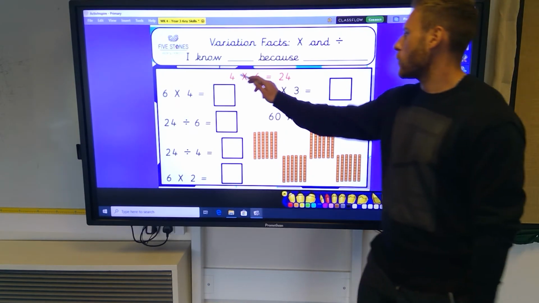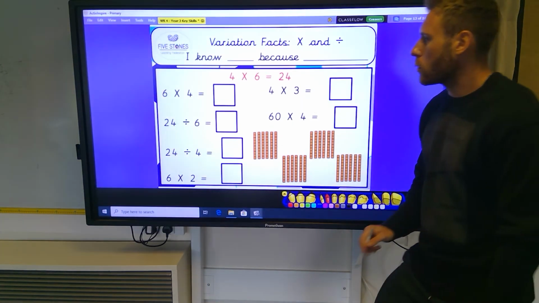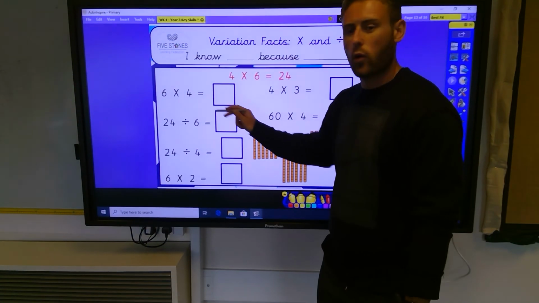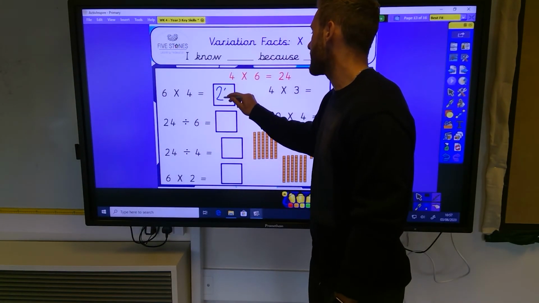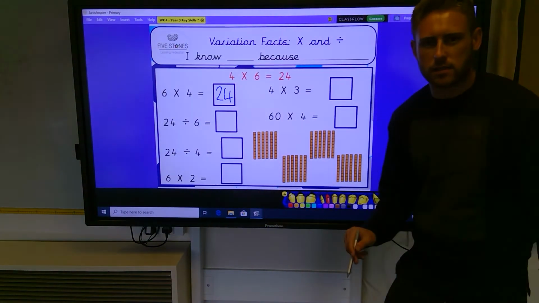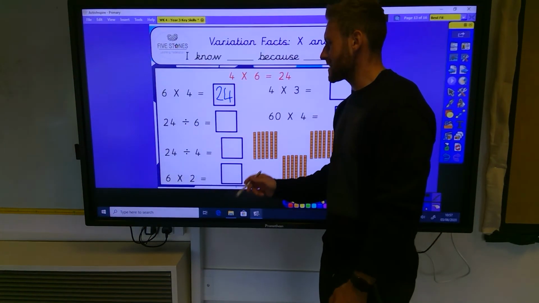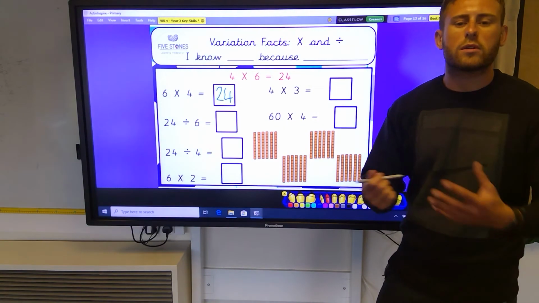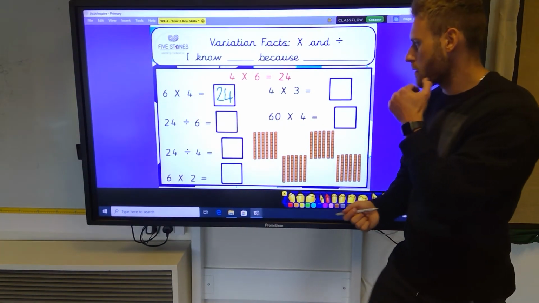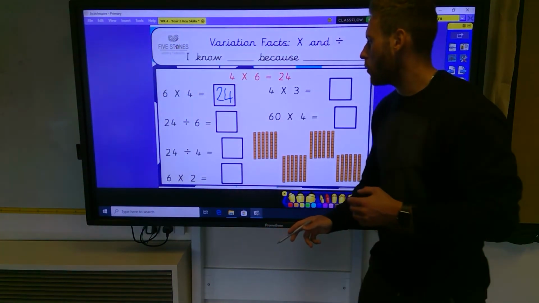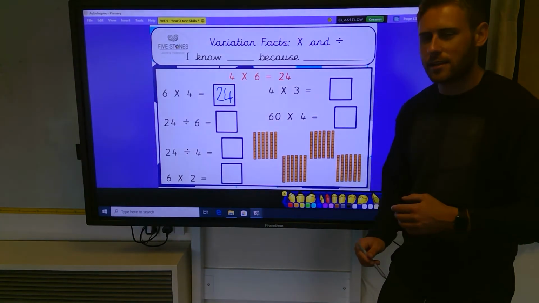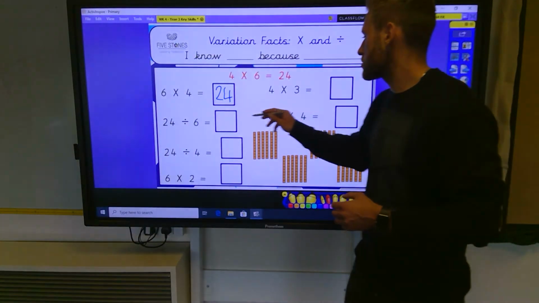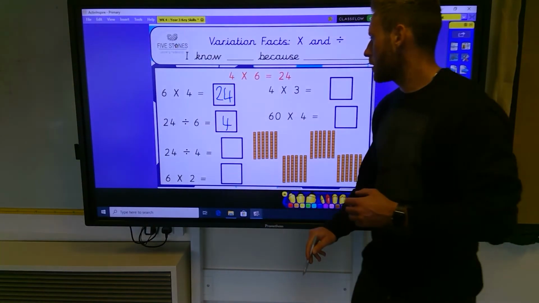So if we know 4 times 6 is 24, we also know that 6 times 4 is 24. Brilliant. Because it's exactly the same. Instead of 4 groups of 6, we've now got 6 groups of 4, which is going to equal the same. We also know that 24 shared by 6 is going to give us 4.